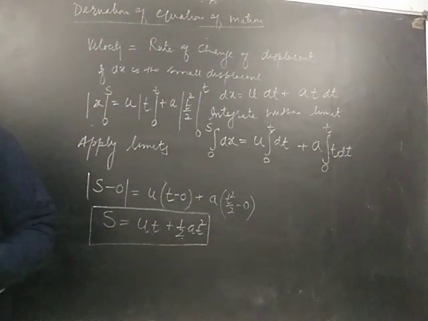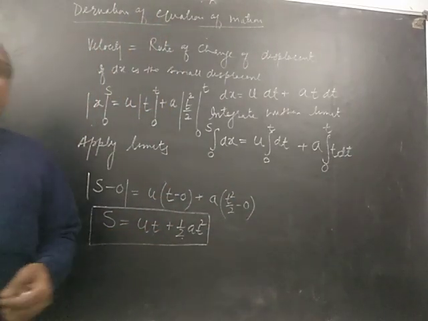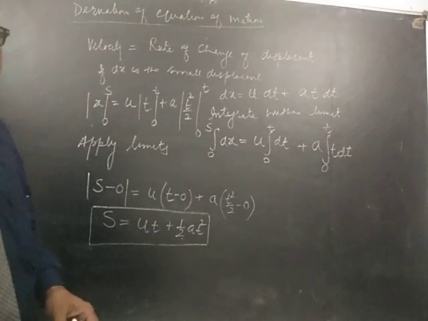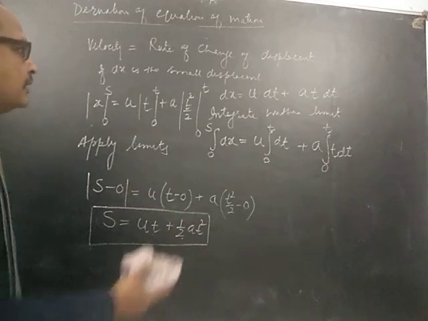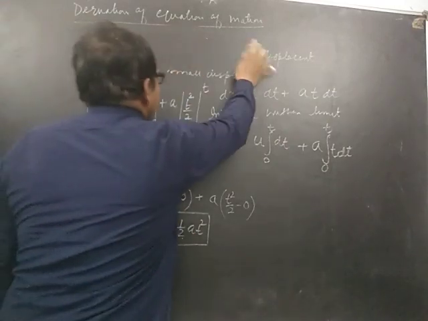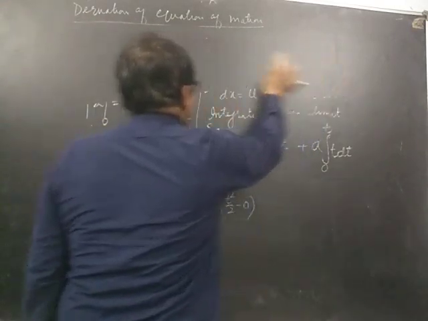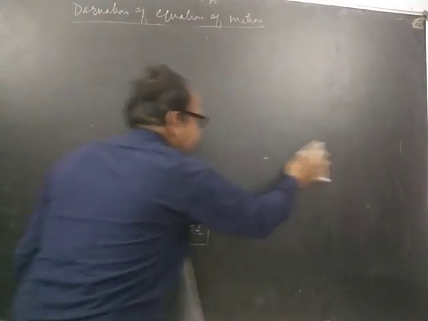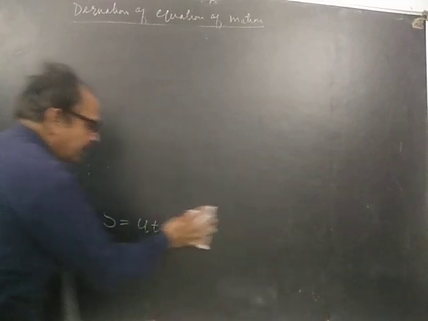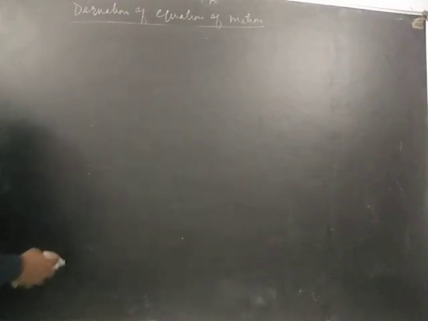So we will continue now with the third equation of motion, and before that let us recall the introduction once again. The introduction will remain as it is, whatever we have done from the beginning.